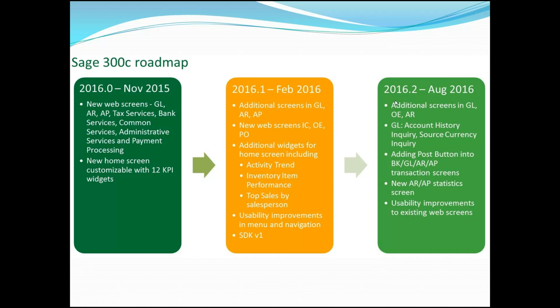In the February release, they're going to be adding additional screens for GL, AR, and AP, but they will also be adding what we call the distribution modules, which are IC, OE, and PO, and additional widgets. So Sage 300C will continue to develop and be a big part of Sage's overall strategy for improving the product that they offer clients and improving the mobility application.